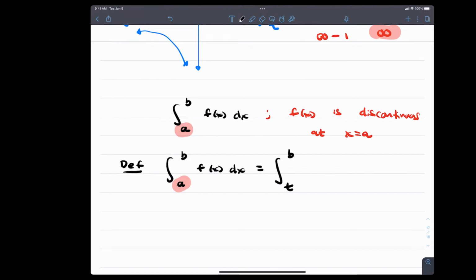A t. Right? That's the limit of what? As t goes to a now from the right. You're going to see what I'm talking about.